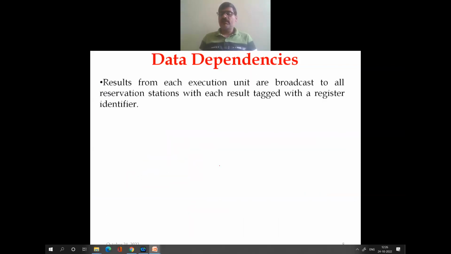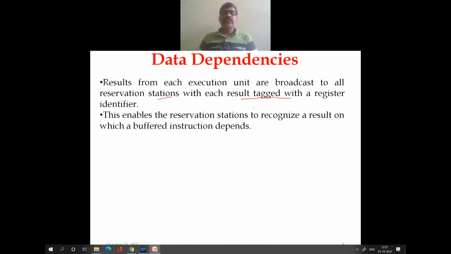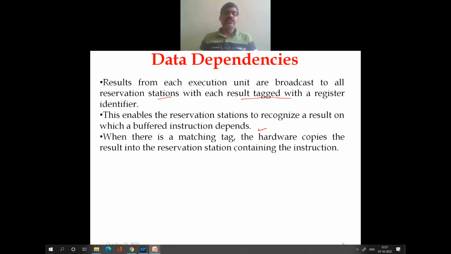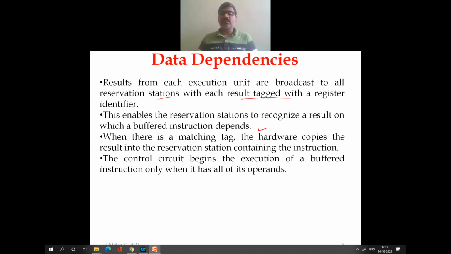Results from each execution unit are broadcast to all the reservation stations, with each result tagged with a register identifier. This enables the reservation stations to recognize a result on which a buffered instruction depends. When there is a matching tag, the hardware copies the result into the reservation station containing that instruction, and the control unit begins the execution of a buffered instruction only when it has all its operands available.